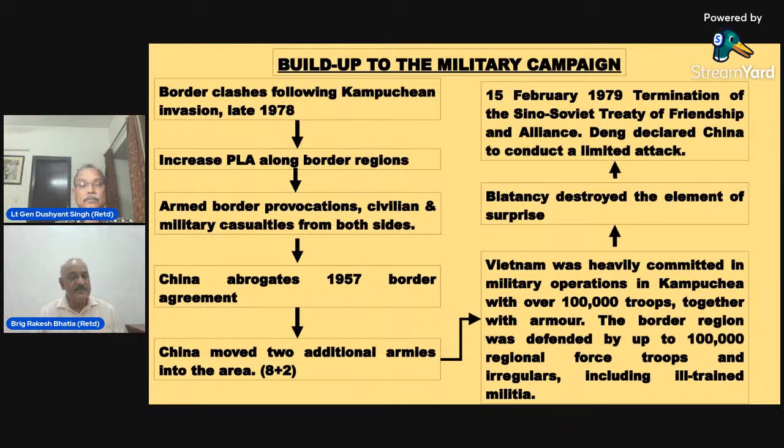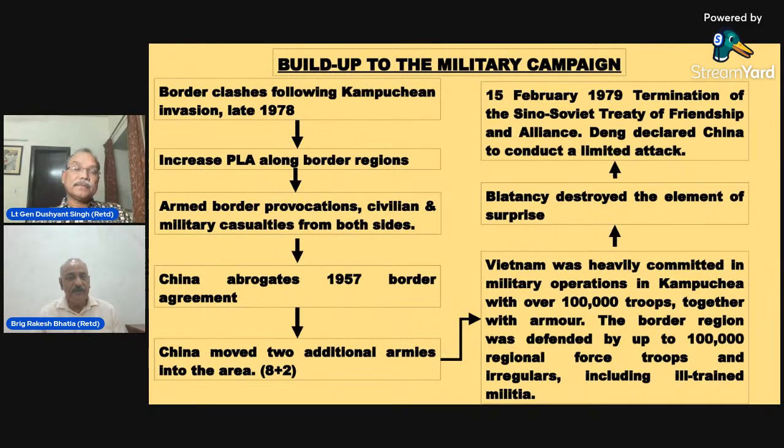Two additional armies, eight were already existing, were inducted along the borders, one each in Guangzhou military region and one in Kunming military region, and were in place somewhere around September, October 1978. So eight were already existing, two additional come, that makes it 10.